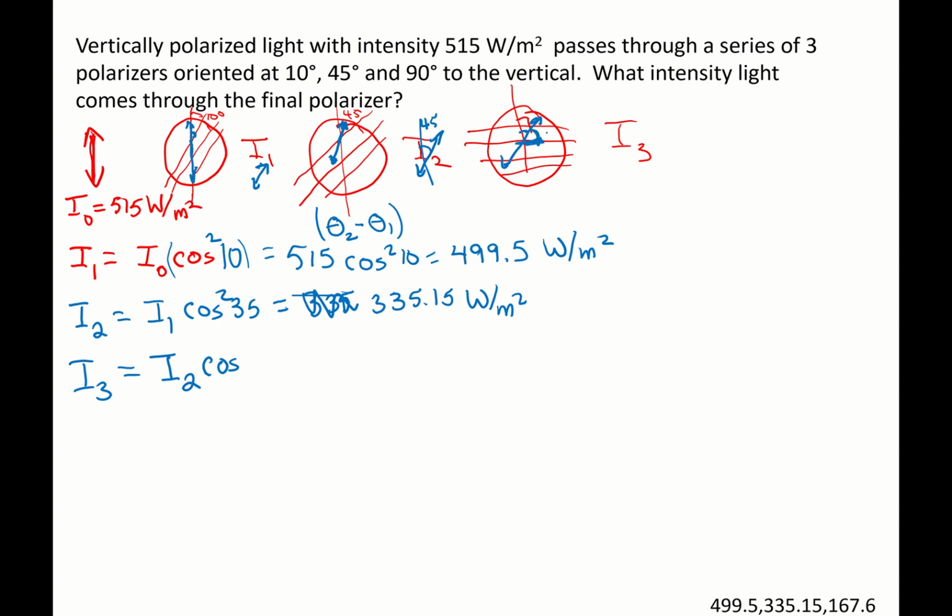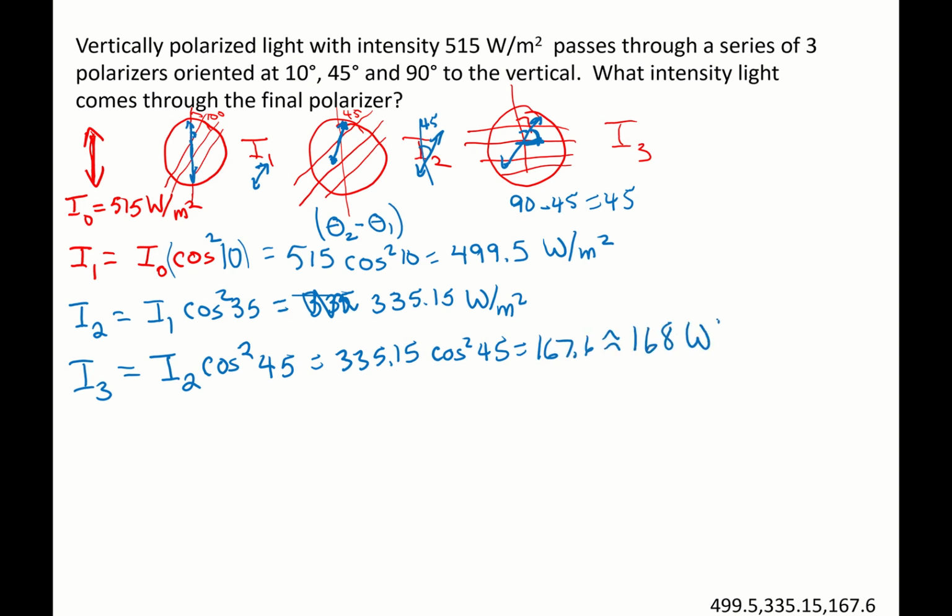The angle between those, 90 minus 45, is 45. Okay, so it's going to be cos squared of 45. Put that in the calculator: 335.15 times cos squared 45, and I get 167.6 or 168 watts per square meter, which is the intensity coming out the third polarizer.